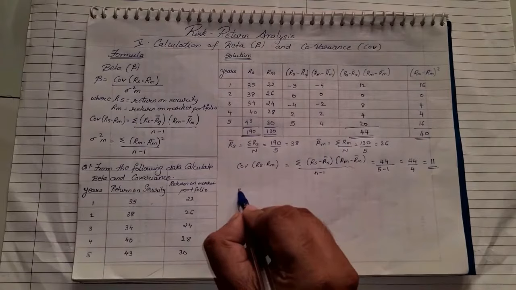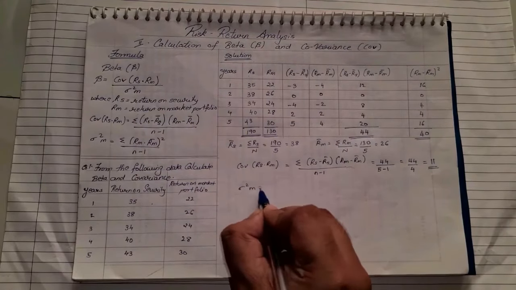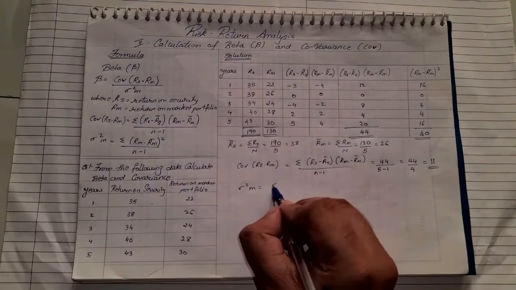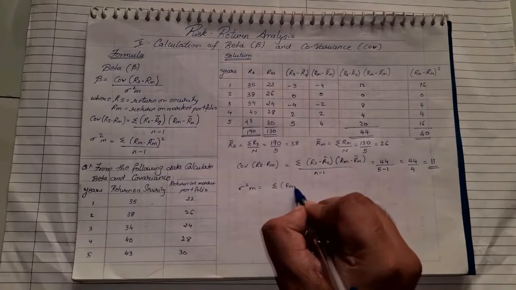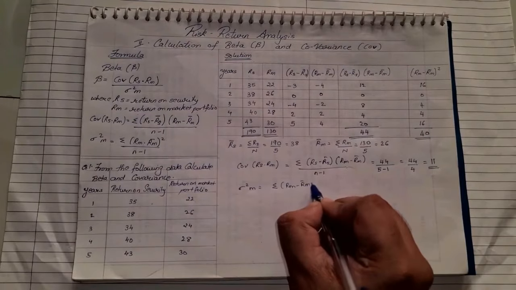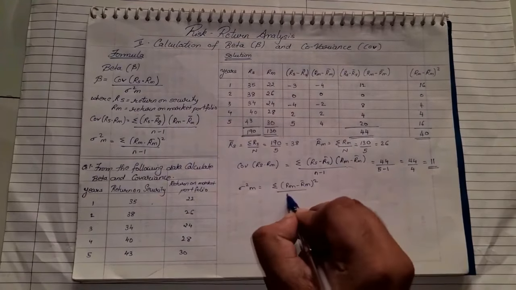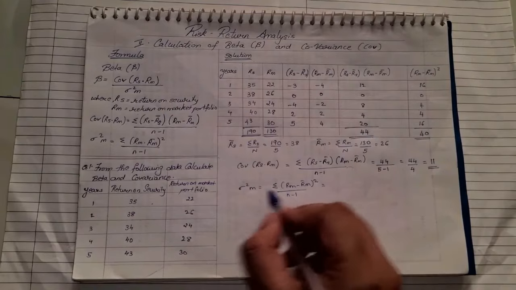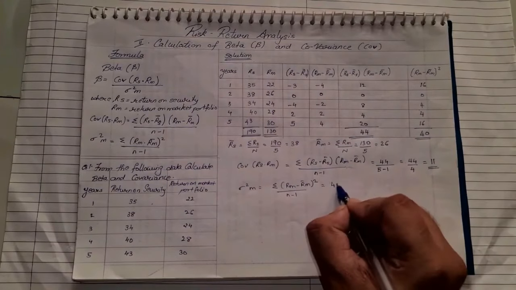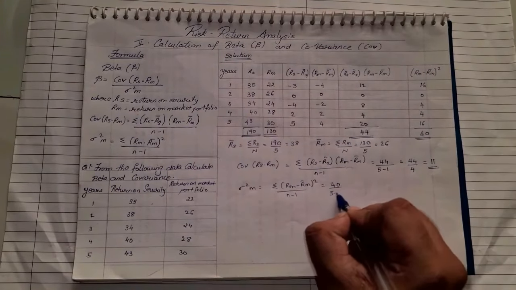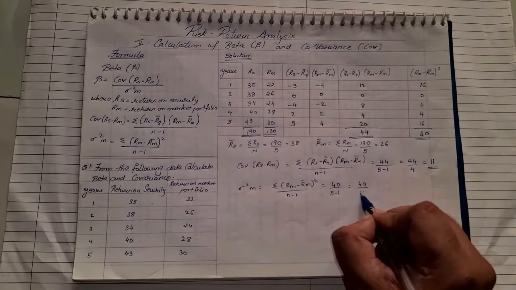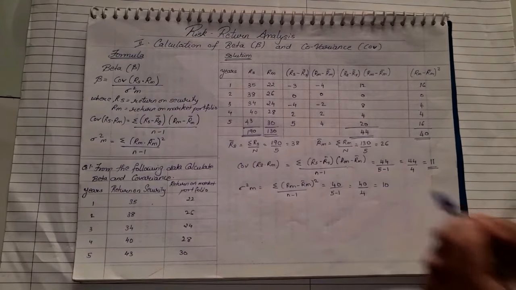Now second, we need to find the standard deviation square m. That's the denominator part for getting the value of beta. So that will be sigma of Rm minus R bar M the whole square upon N minus 1. Now the summation of Rm minus R bar M the whole square is nothing but 40, the total, and at the bottom again it will be 5 minus 1, so it will be 40 divided by 4, which comes to 10.